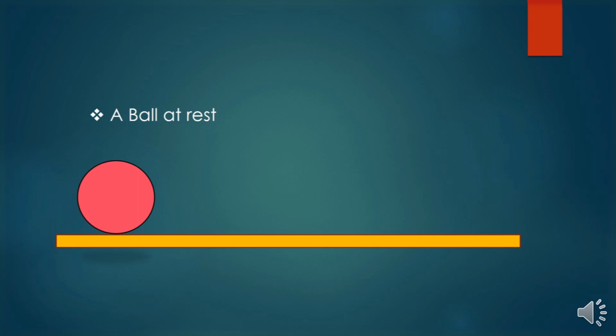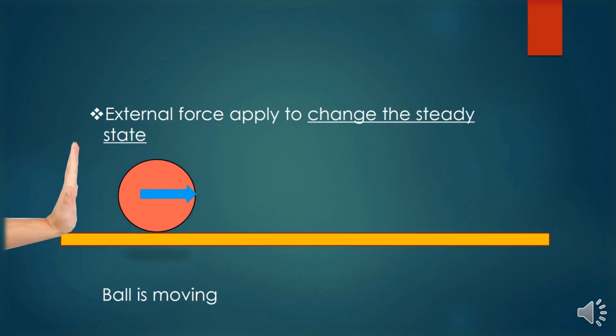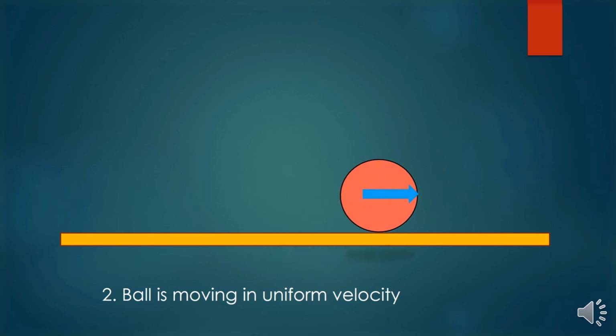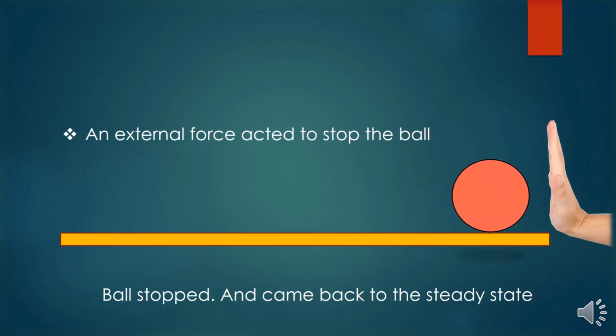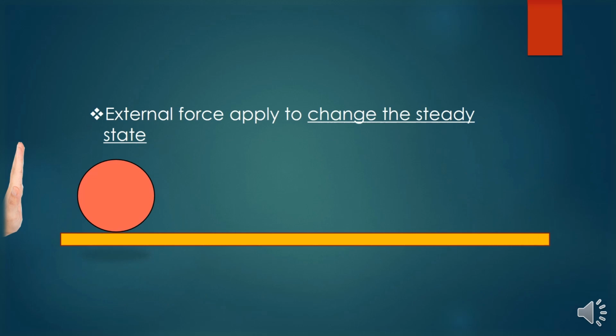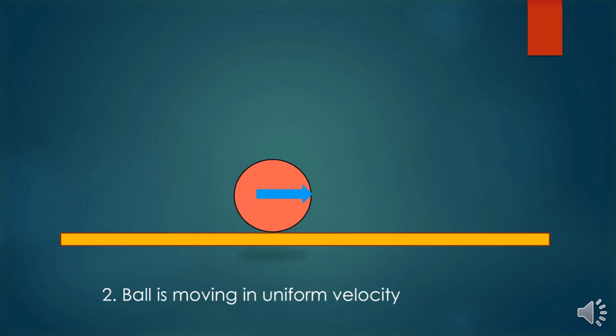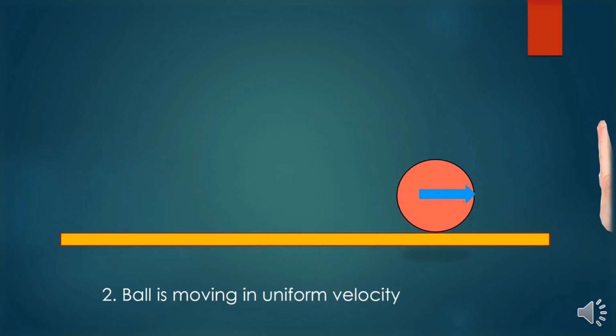It is also called the law of inertia and consists of 2 parts. First, a body at rest. Second, a body moving with a uniform velocity in a straight line. You can see in this animation, the ball is at rest, then an external force acted on the ball to change its state, which was at rest.